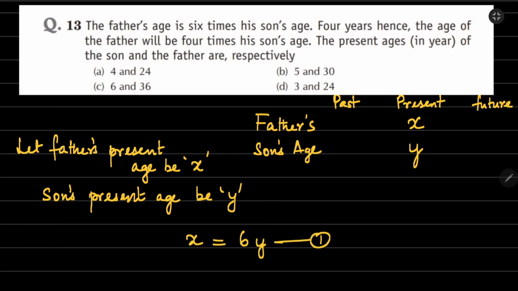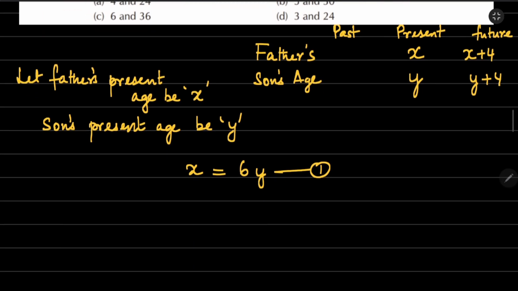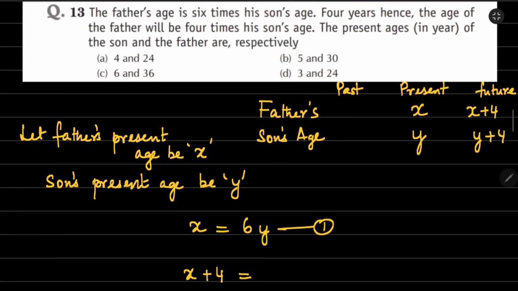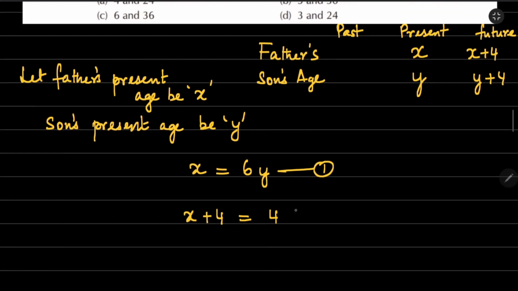This is equation 1. 4 years hence, that means after 4 years, father's age will be X plus 4, son's age will be Y plus 4. What are you given? 4 years hence, the age of father will be 4 times the son's age. That means X plus 4 will be 4 multiplied by Y plus 4.